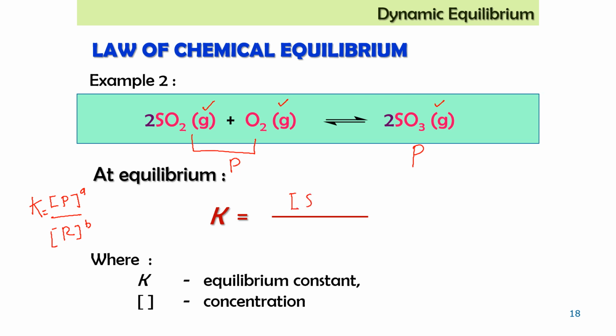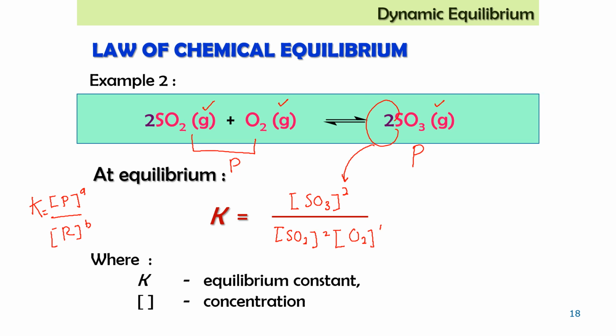So it is concentration of SO3 to the power of 2. So write it here, the small superscript on top. Alright, so divided by concentration of SO2 to the power of 2, and then concentration of O2 to the power of 1.